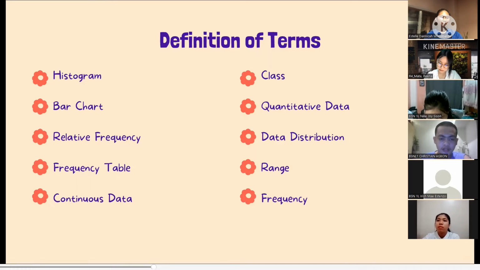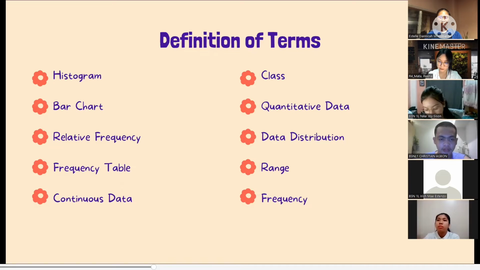Continuous data represent measurements and therefore their values can't be counted but they can be measured. Class, a grouping of values by which data is binned for computation of frequency distribution.